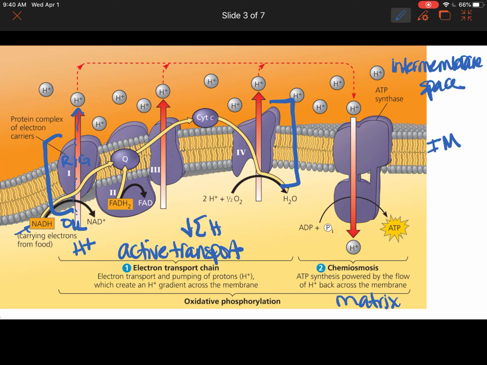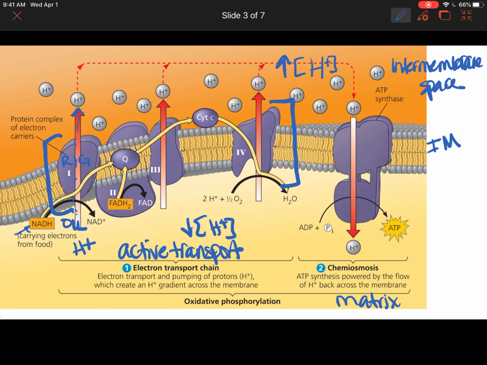So we're going to have low hydrogen ion concentration in the matrix. We're going to have high hydrogen ion concentration in the intermembrane space. So we are creating a concentration gradient across the inner membrane. Okay?